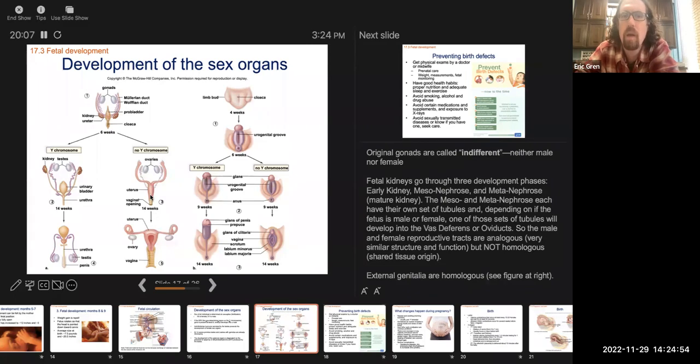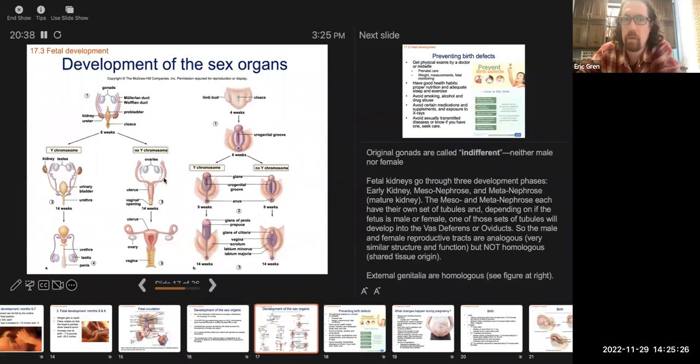Okay. So what I want you to notice here is that even though the oviducts, the fallopian tubes, and the vas deferens serve a very similar function, that is carrying the reproductive cells, either the egg or the sperm, from the gonads, either the ovaries or the testes, to the reproductive tract, they're actually not homologous.